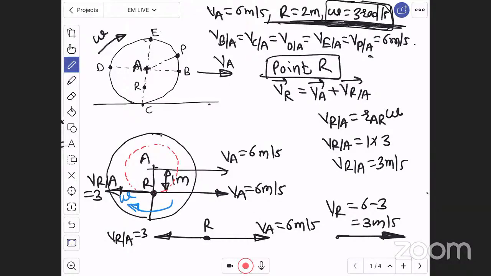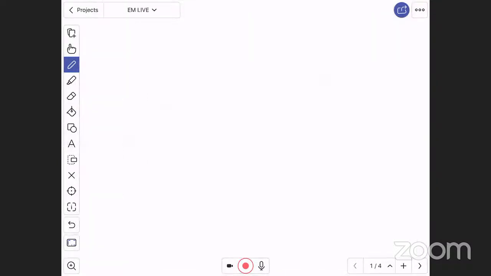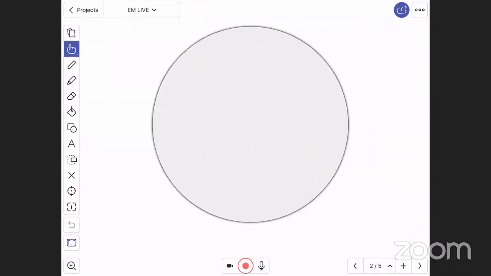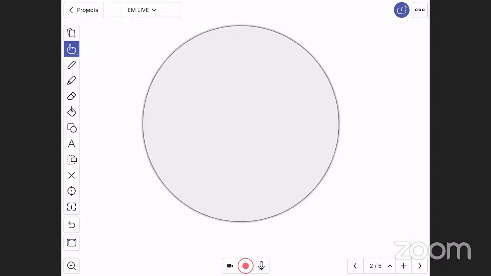Now everybody knows about the points. Let us go for instant center. Let us say I am drawing the wheel. On this wheel, there is a point A, which is the center of the wheel.